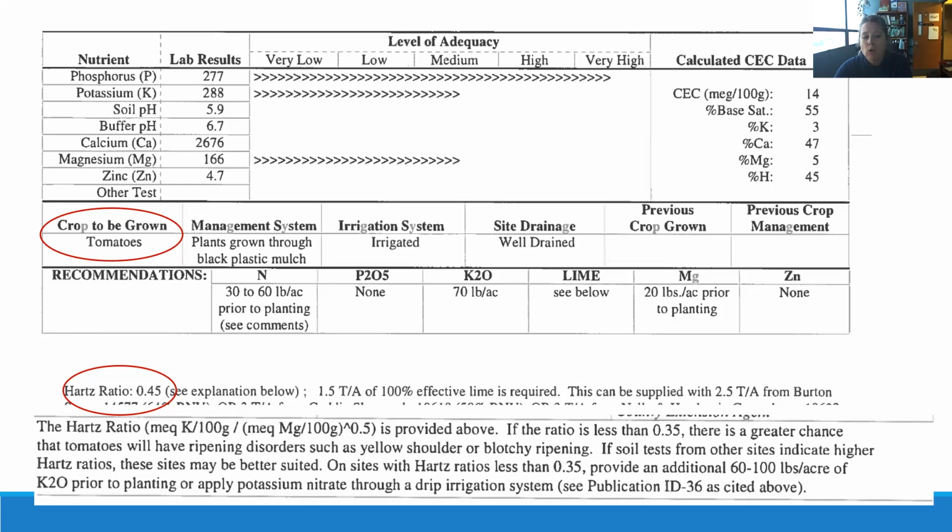So if your magnesium is a lot greater than your potassium, you will most likely have an out of whack Hart's ratio, and your crop may be at risk for ripening disorders like yellow shoulder or blotchy ripening or white core, things like that.